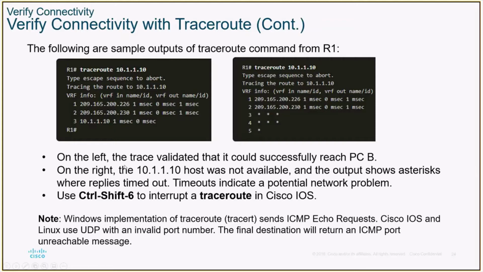Control-C is what you use on Windows, and Control-Shift-6 is what you use on IOS to cancel that. Now, the Windows implementation of traceroute sends an ICMP echo request. Cisco IOS and Linux use UDP with an invalid port number. And so the final destination will actually send an ICMP unreachable message saying the port number is unreachable, if it gets all the way.